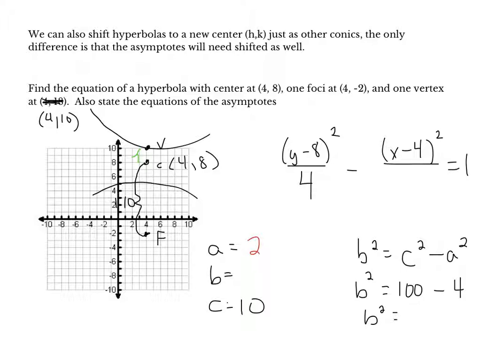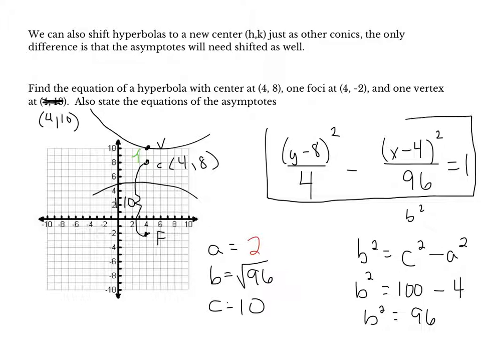So b squared equals 96. So b would equal the square root of 96. But if you remember, we really want b squared under this one, so I'm really going to put 96 there. So this is the equation of a hyperbola that has those certain points in it. So again, it looks very similar to our other hyperbola. We're just moving the center by moving the x and moving the y.